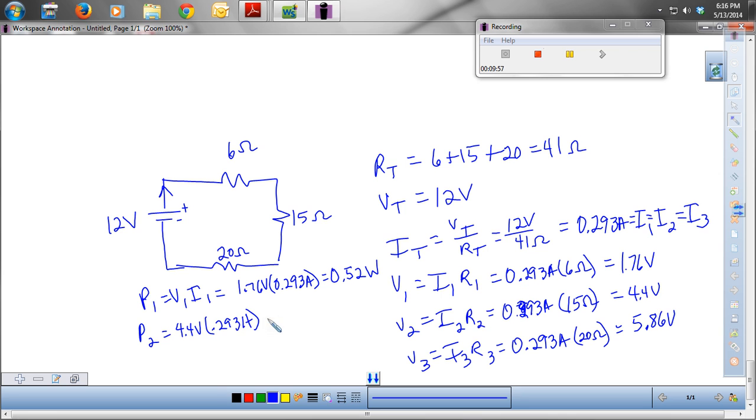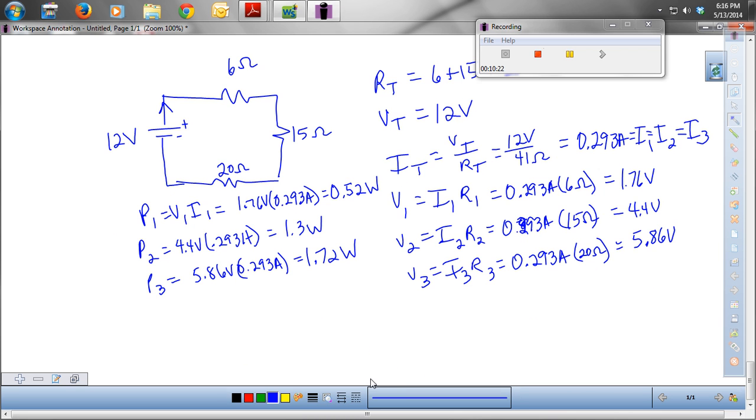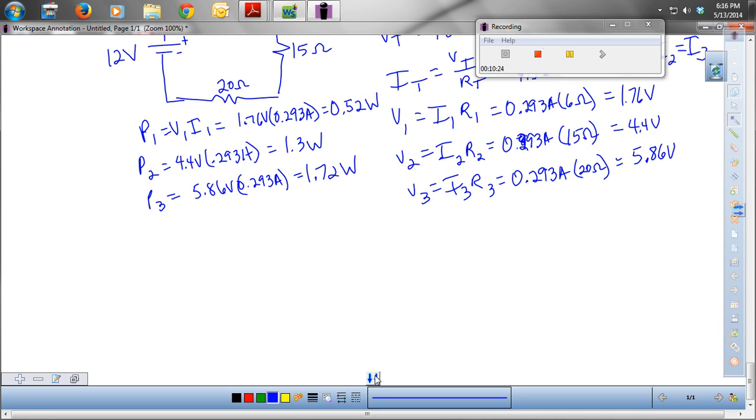And when I did that, I got the power to be 1.3 watts. And then I did power 3, which was 5.86 volts times 0.293 amps. And when I multiplied those, I got 1.72 watts. You'll see one like that tomorrow.